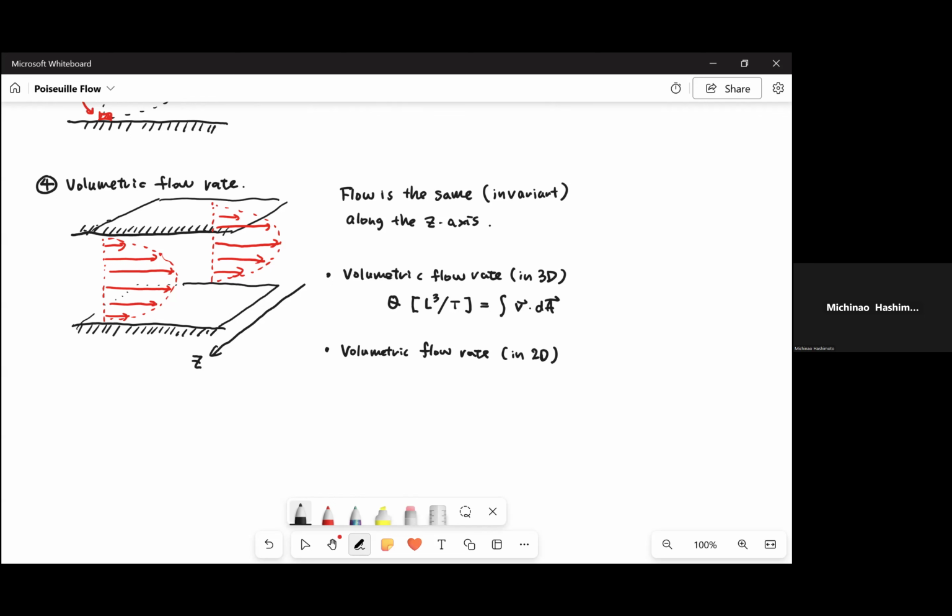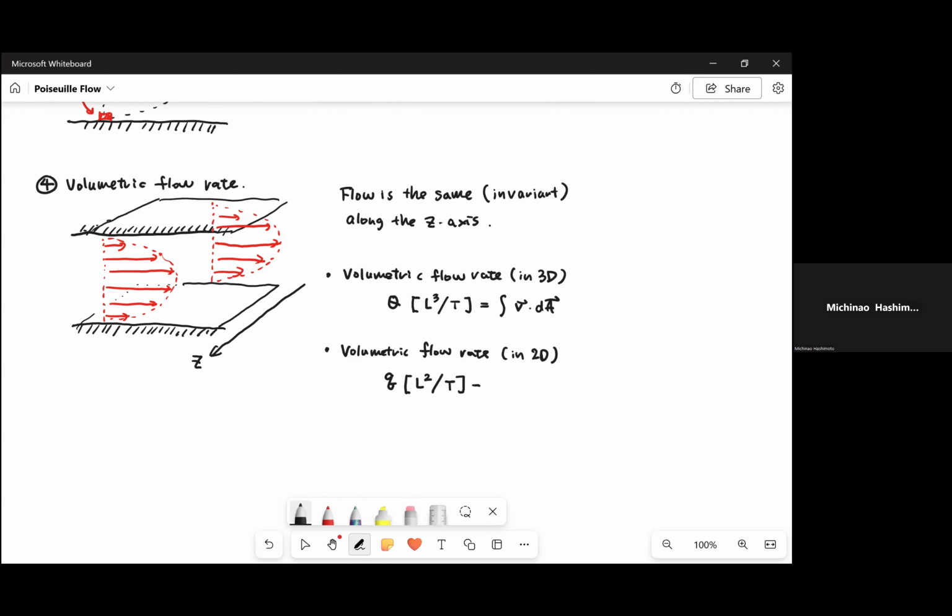In this case, we can use the lowercase q instead of the capital Q. The dimension is defined as area over time instead of volume over time.